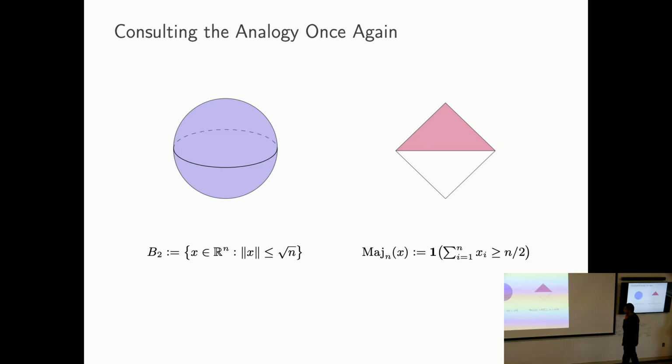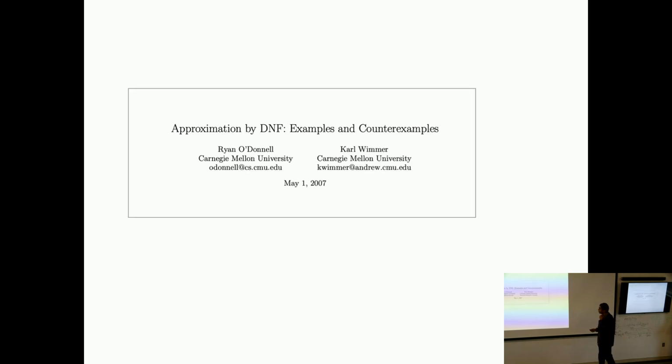So let's look at the analogy once again. It turns out that for majority, there's an improved upper bound for the CNF approximation, which was proved recently. There's this really nice paper by O'Donnell and Wimmer. It's titled Approximation by DNF, but you could pretend the D is a C. That's OK.